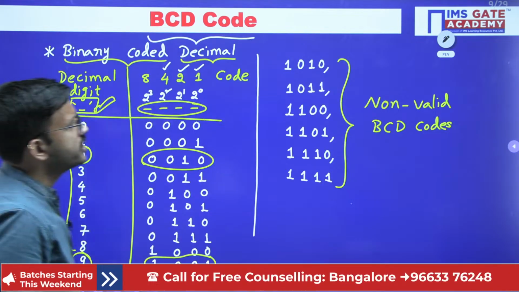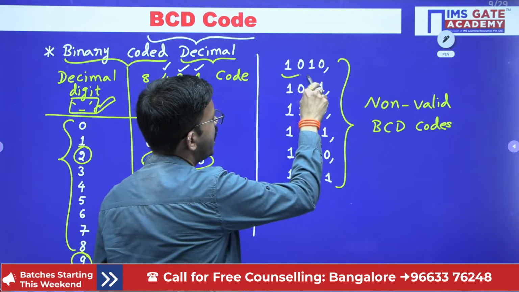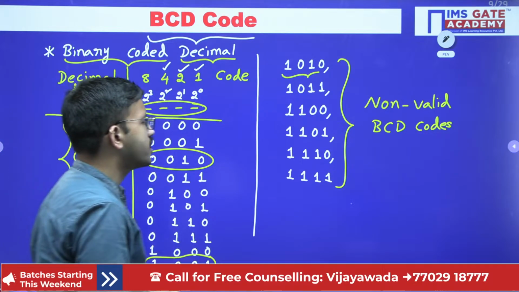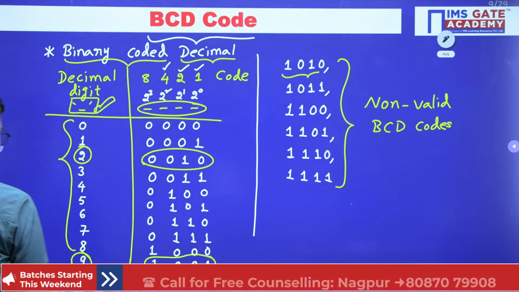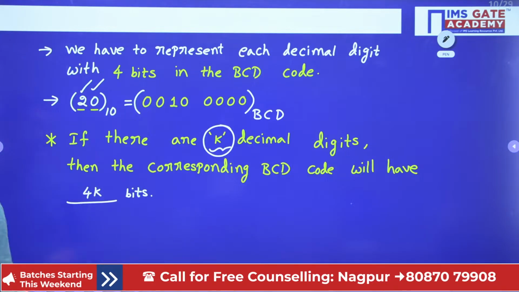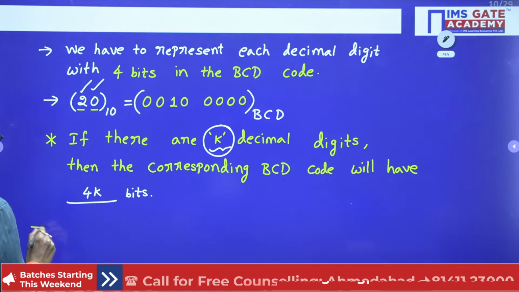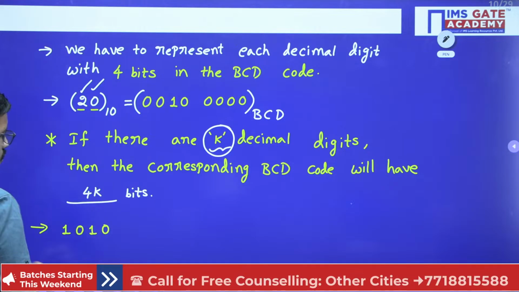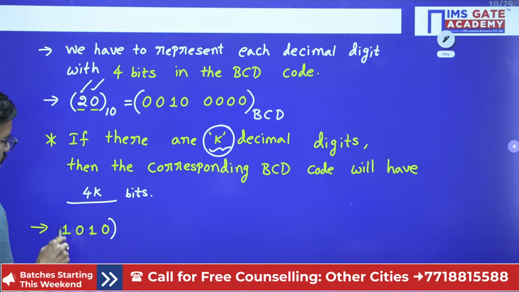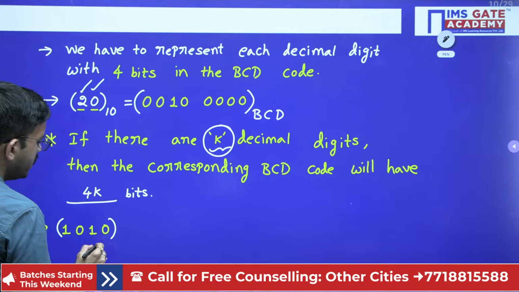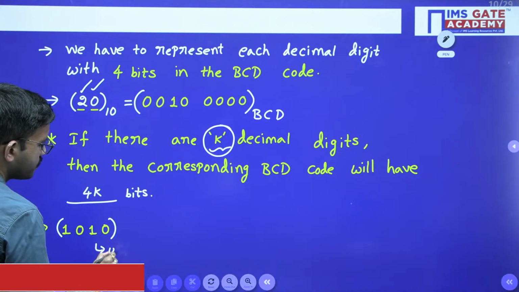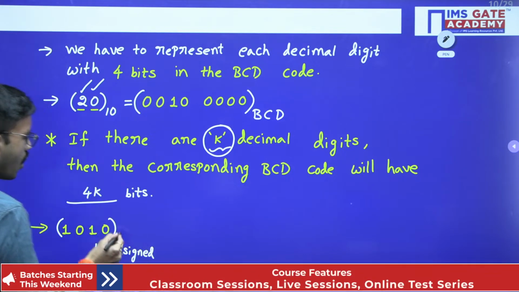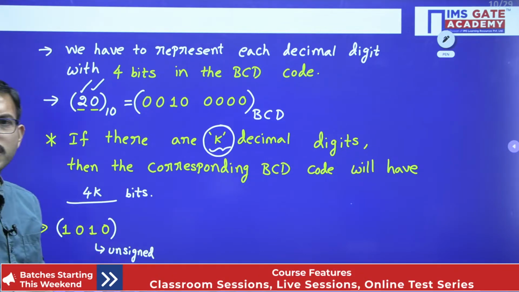Similarly, in general, if you are considering 1010, for example in the unsigned case, unsigned means all the bits together give the magnitude of the number.